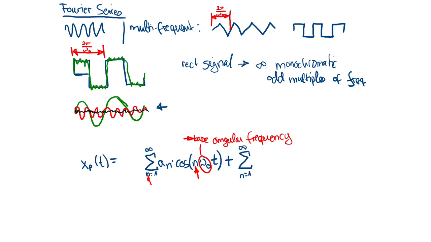As we said, a monochromatic signal can be a cosine signal, but there's another function which fulfills our condition of being monochromatic, and this is the sine function.